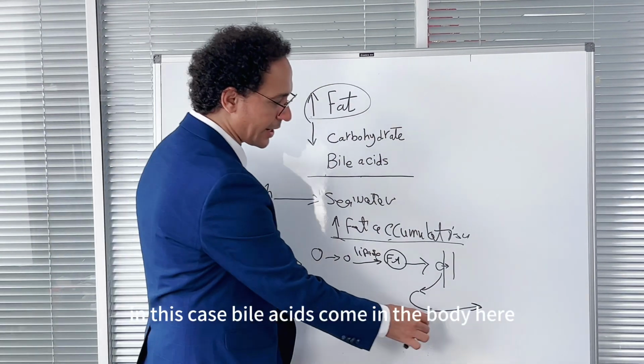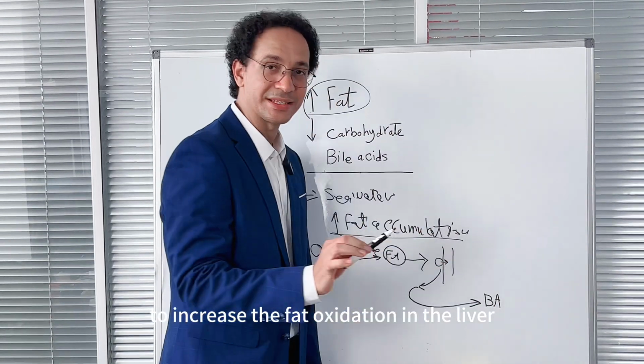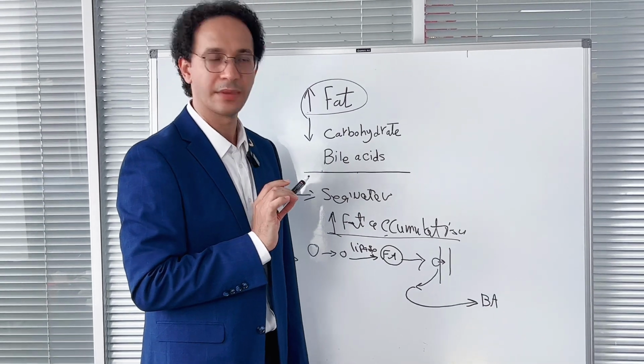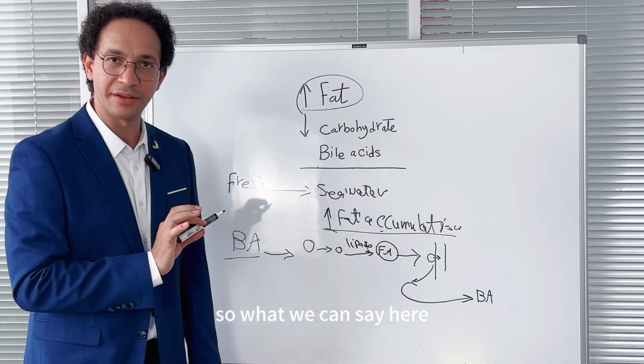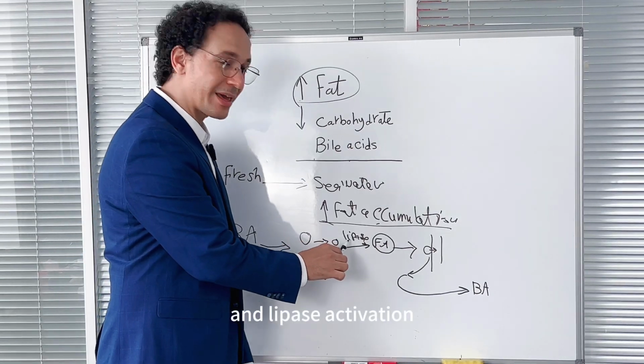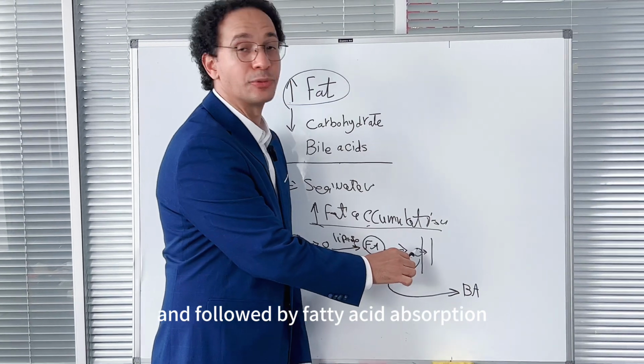In this case, the bile acid comes into the body to increase the fat oxidation in the liver and in the muscle. So what we can say here is that the bile acid helps in emulsification and lipase activation, followed by fatty acid absorption.